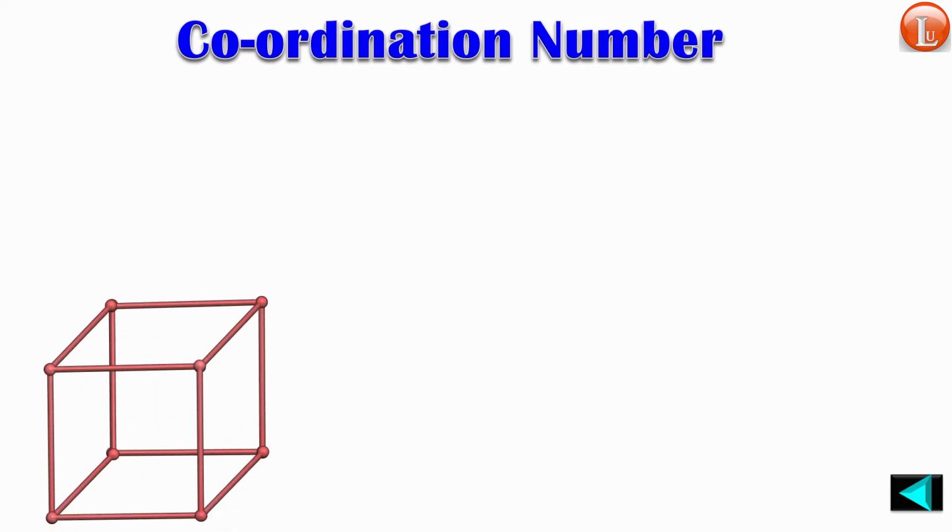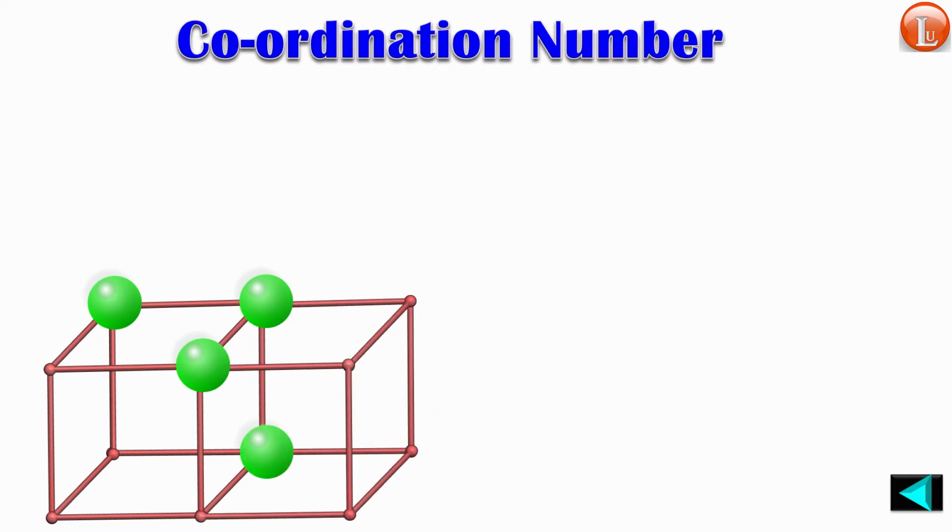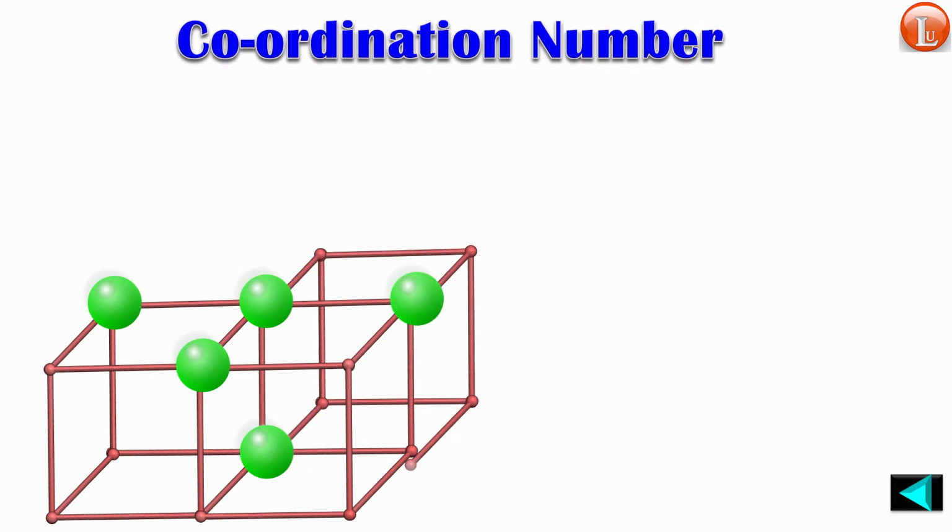Now let's look at a cube. Remember, atoms are only at the corners and the corner atoms touch. So look at this atom. Which atoms does it touch? It will touch this one, corner, this one at a distance of A, this one at a distance of A. Remember, there is another unit cell beside it. There is this atom at a distance A. There's a unit cell at the back.